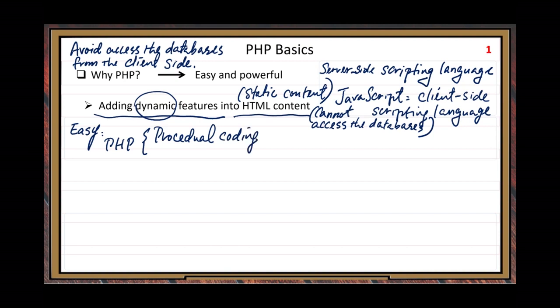Another way is object-oriented programming. PHP does support object-oriented programming. But in this class, we use the procedural coding, just functions, because it's so easy.